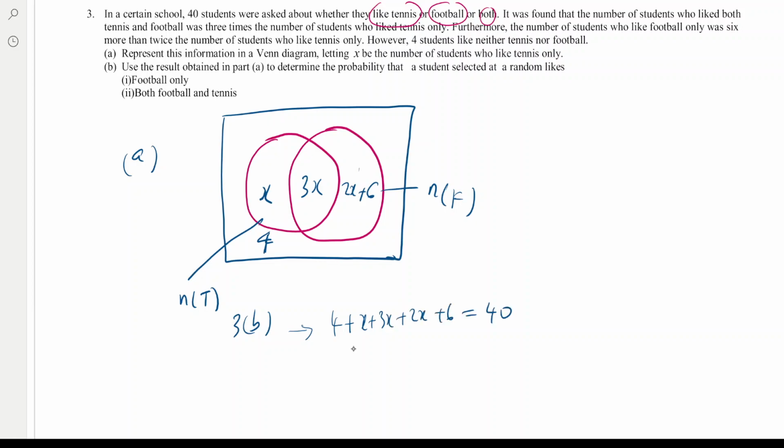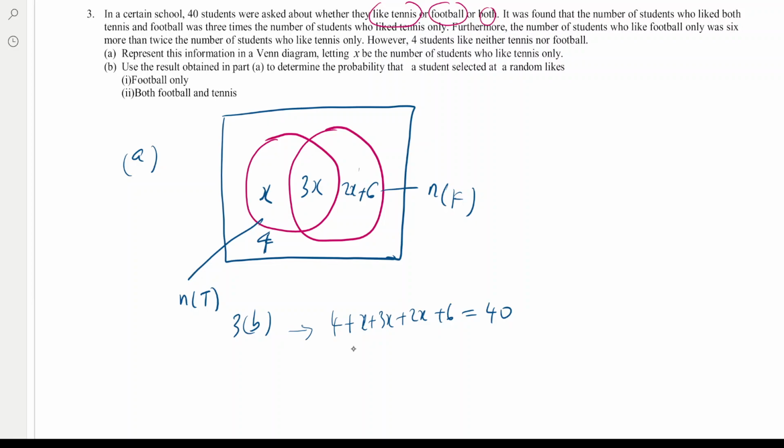So you have 10 plus 6x equals 40. 6x equals 40 minus 10, it implies that 6x equals 30. From this, we get x as 30 over 6, which is equal to 5.